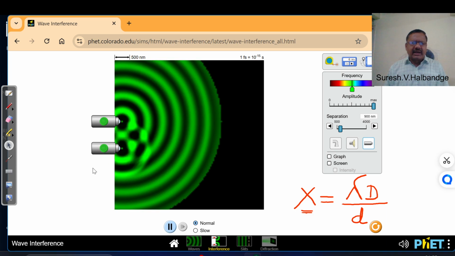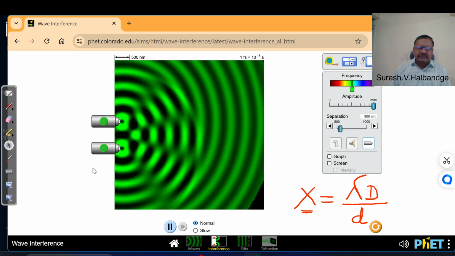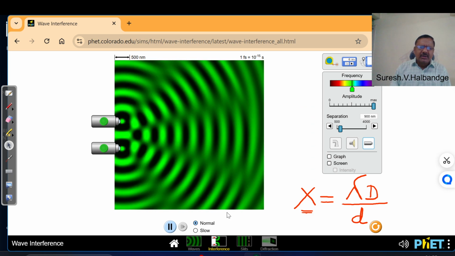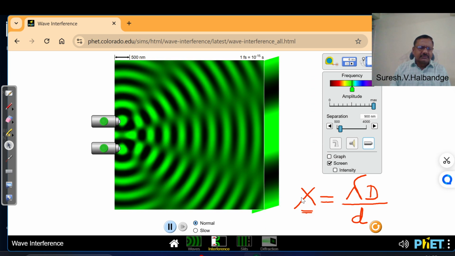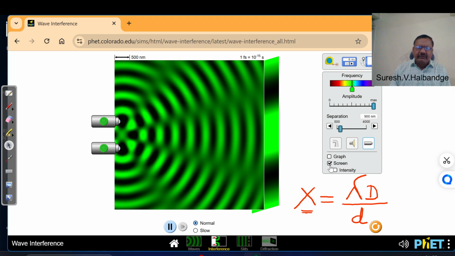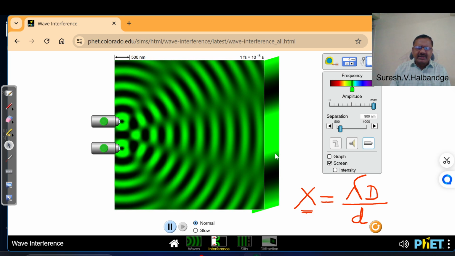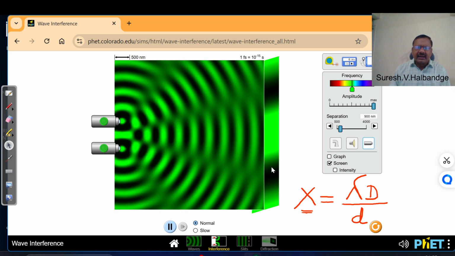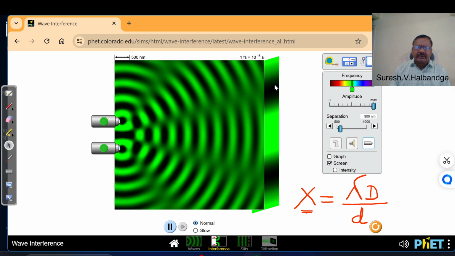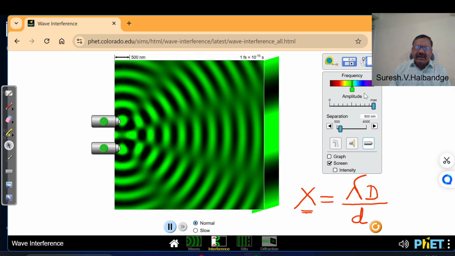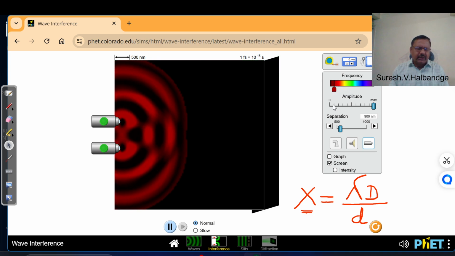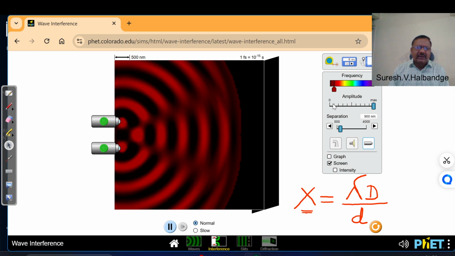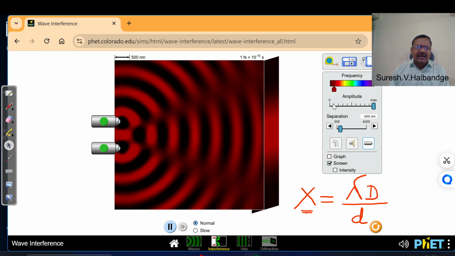Okay, I have started. So let us see the interference pattern on the screen. Right, we are able to see the perfect dark and bright bands. Now I'll change the wavelength. Just let us see what happens. I am moving towards the red color. You can observe the wonderful interference pattern on the screen.